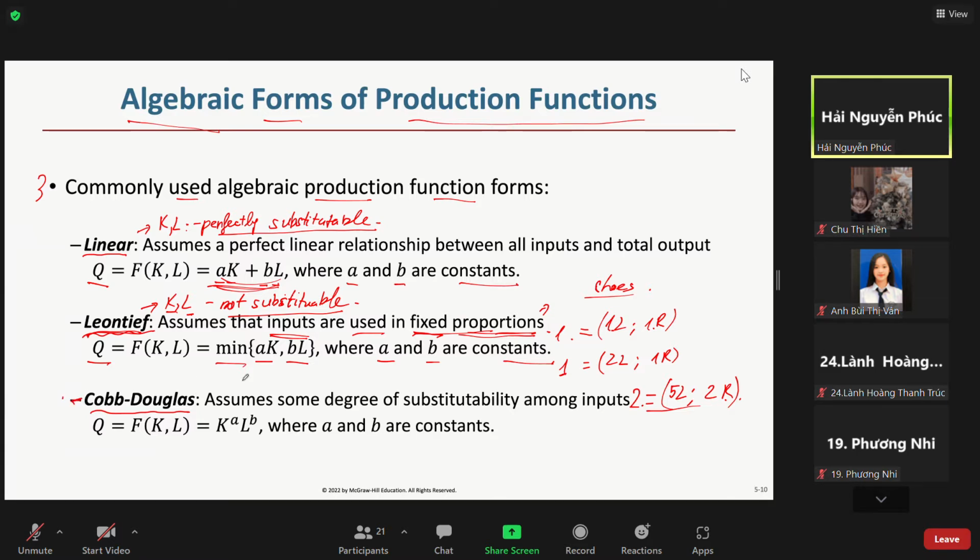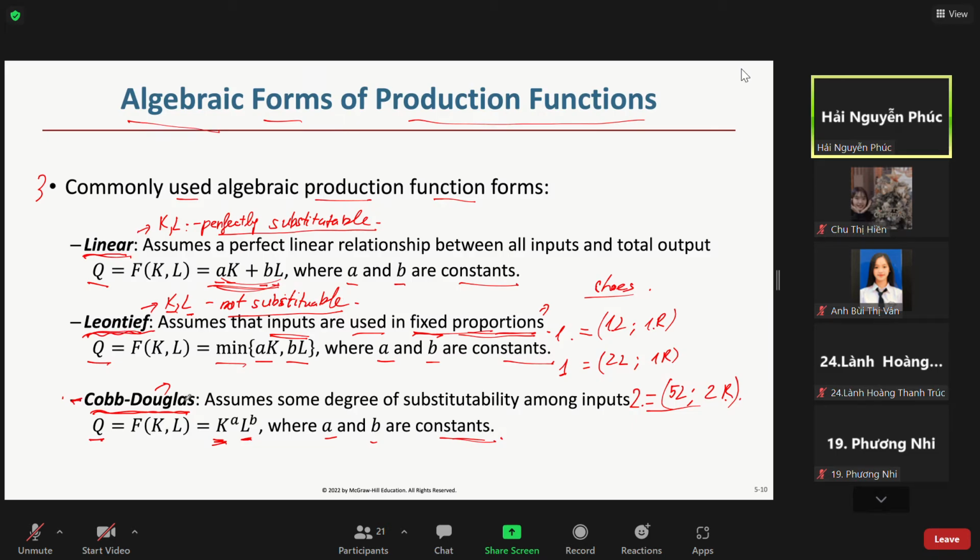The third production function form is called the Cobb-Douglas function. It takes the following form: Q equals K to the power of A times L to the power of B, where A and B are constants. Actually, the third function is somewhere between the two extremes of the linear function of perfect substitutability and the Leontief of non-substitutability.